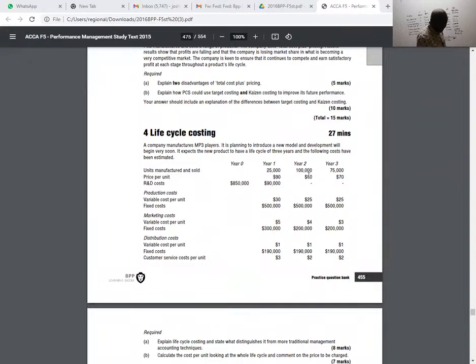Year two they charged 80. Year three, the last year, they charged 70. So you can see that the pricing is optimal, because all the yearly prices they have been charging are over and above the cost per unit.